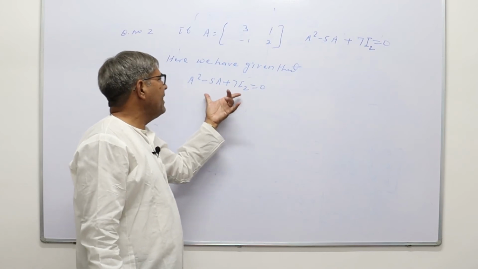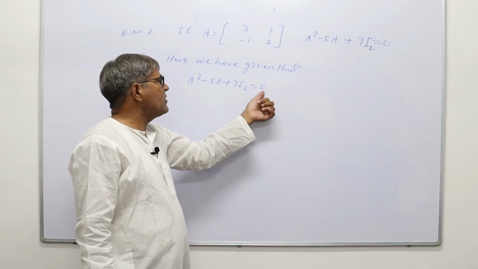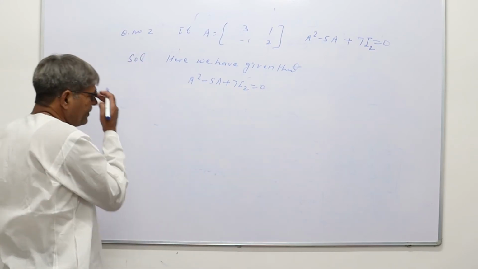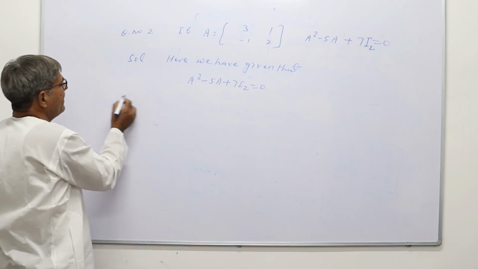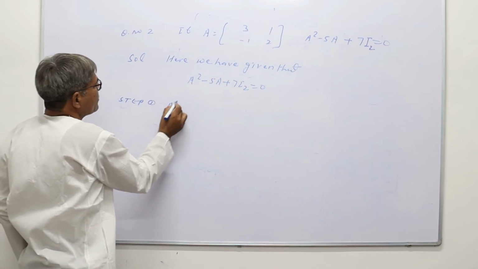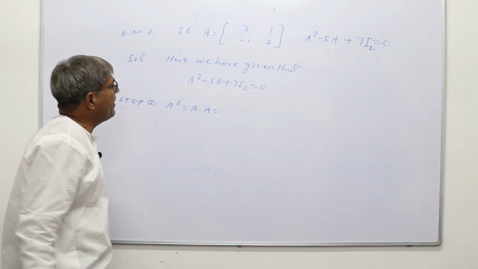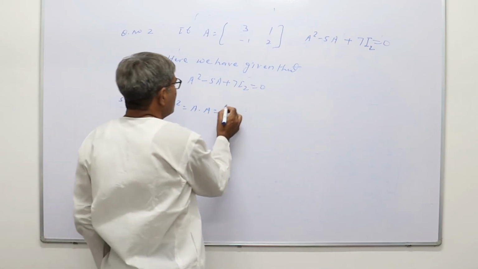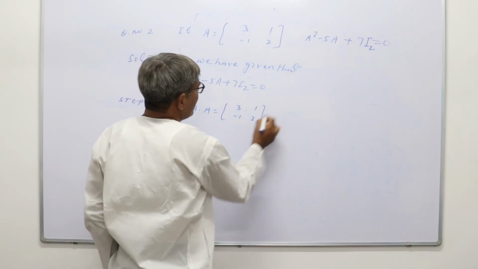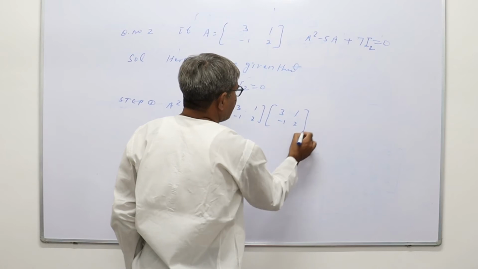And then we will add all these three and the result should be equal to 0, that is the 0 matrix. So first of all, to solve this, find step first, A square. What is A square? A into A, that is matrix A will be multiplied with itself. So the given matrix is 3, 1, minus 1, 2. So it will be multiplied with 3, 1 and minus 1, 2 itself.